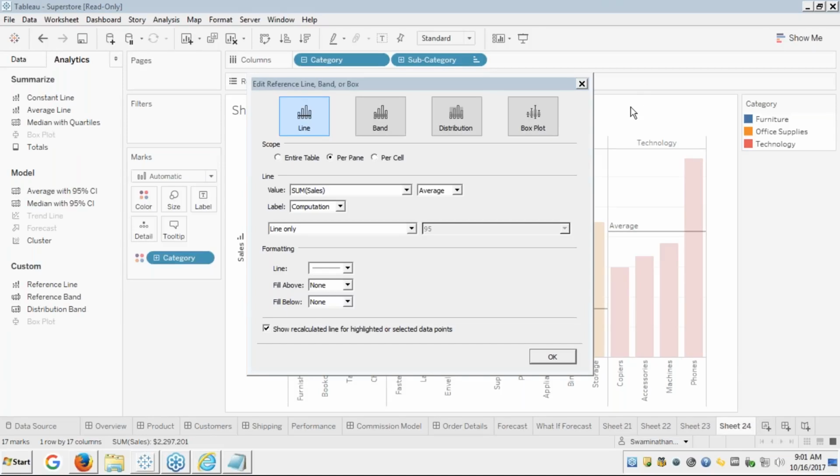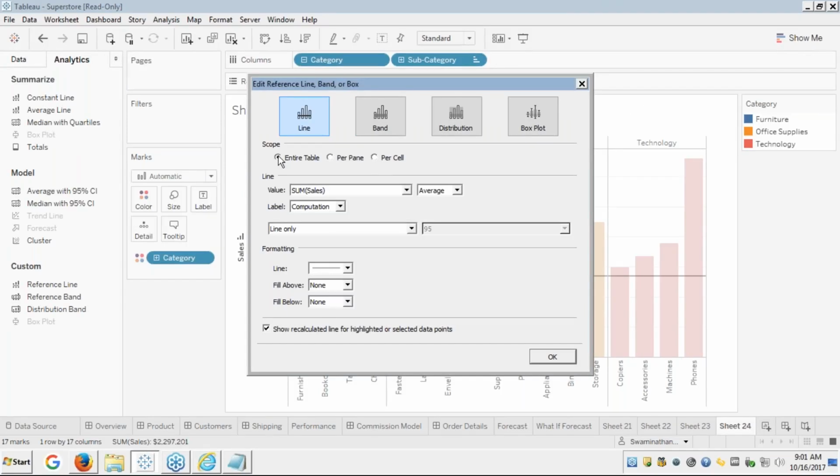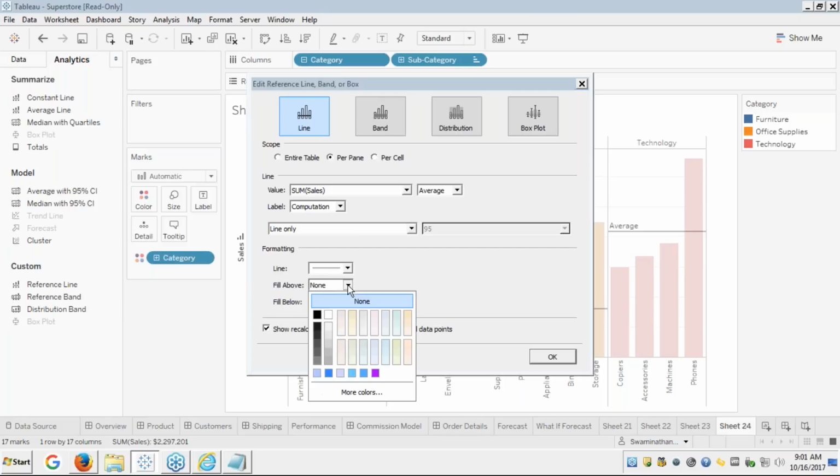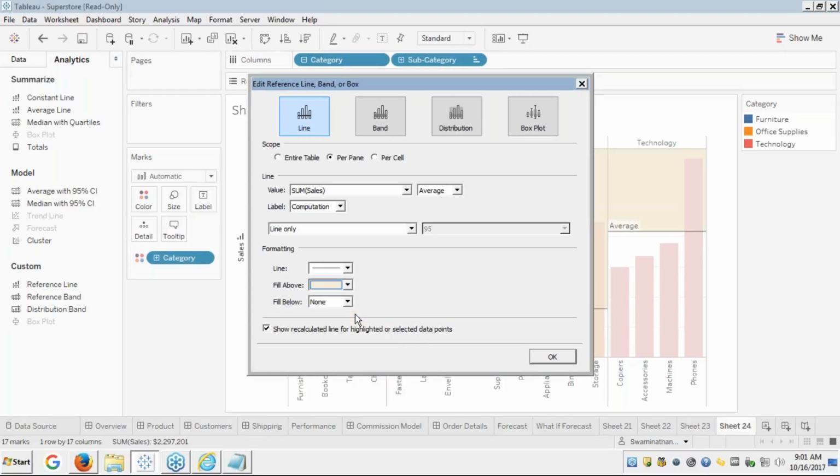Okay, so the first example chart. The first example chart here, it's for the entire table or per cell we choose. So this was the first example that we saw. We saw the fill above and fill below. What colors you wanted, we choose that here.